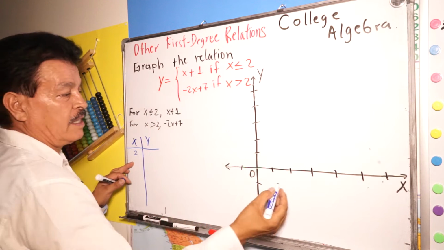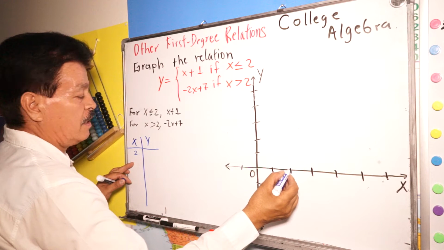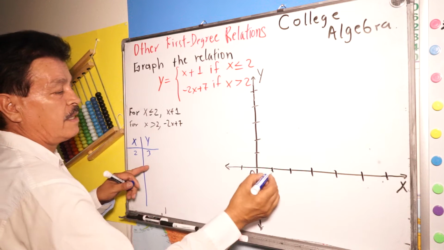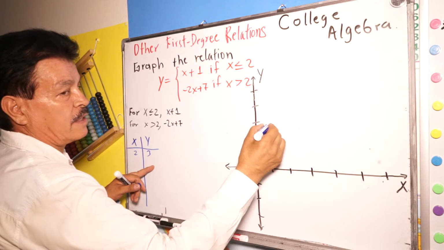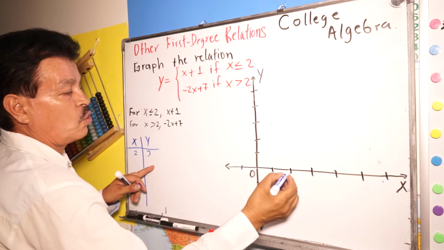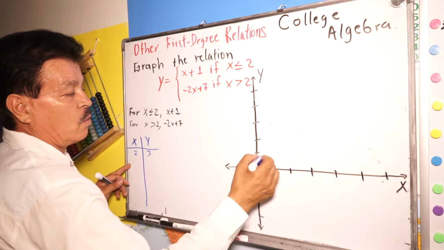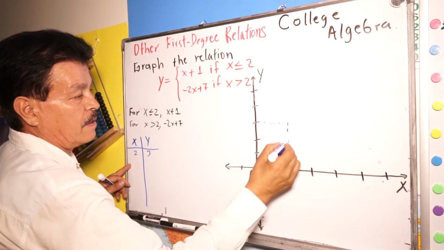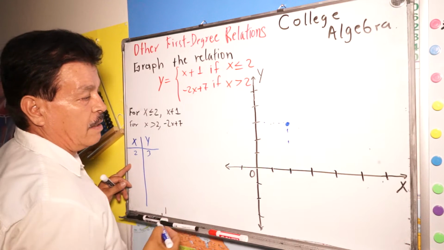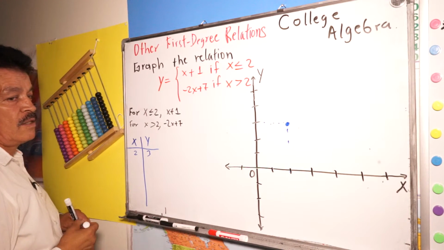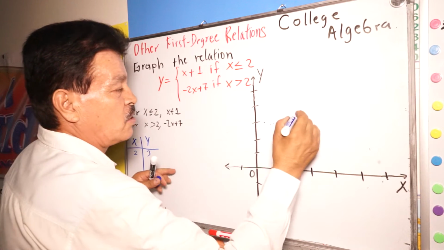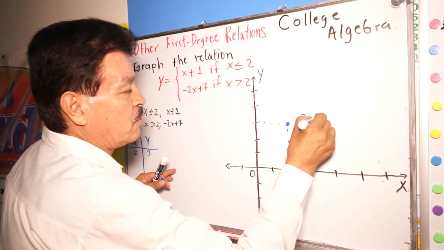So if x equals 2, y equals 3, right? 1, 2, 3, right here. I have one point there. This point is (2, 3).